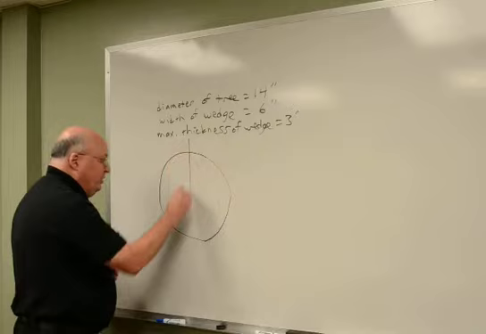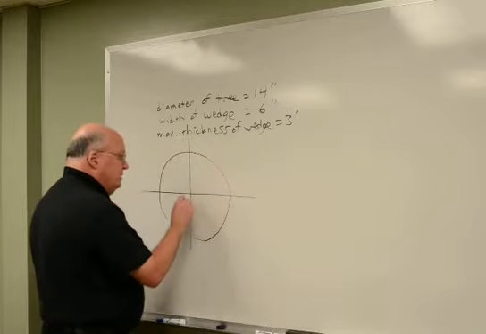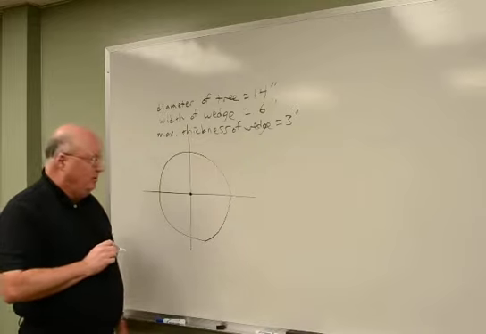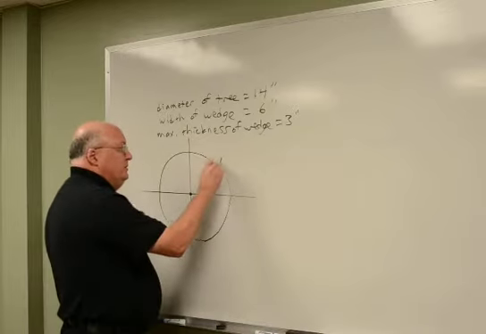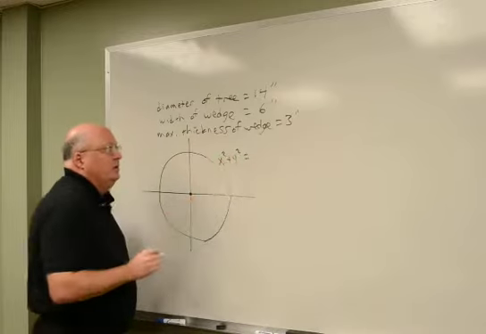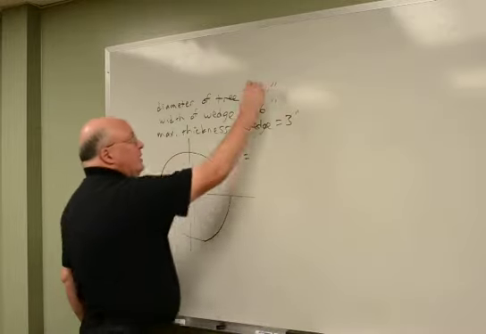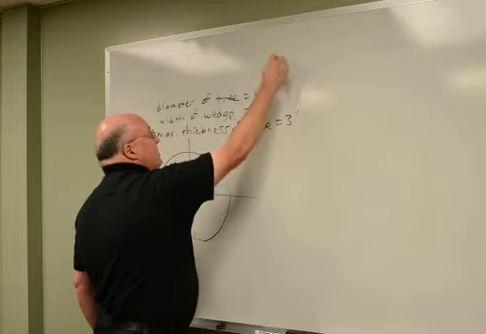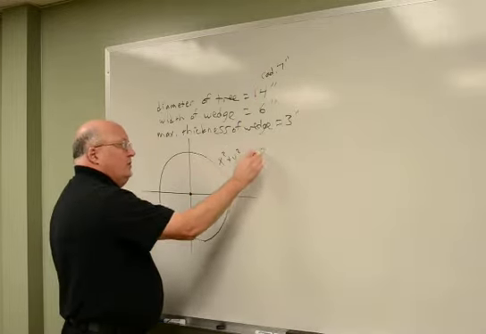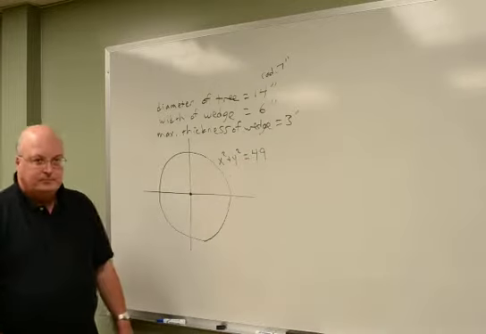And a convenient place to put a coordinate system when you have a circle is to set its origin at the middle of the circle. Because that means that the equation of a circle centered at the origin is x squared plus y squared equals the radius squared. Of course, if the diameter is 14 inches, the radius is 7. So you get 7 squared, or 49 here.